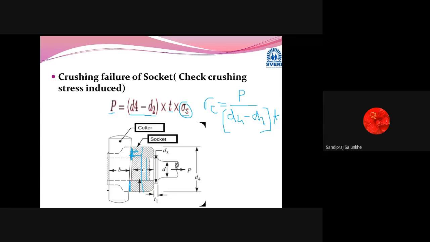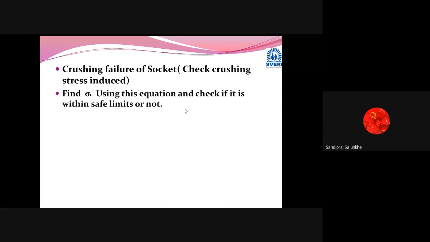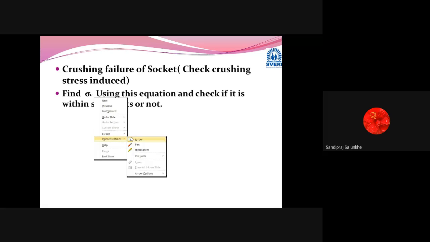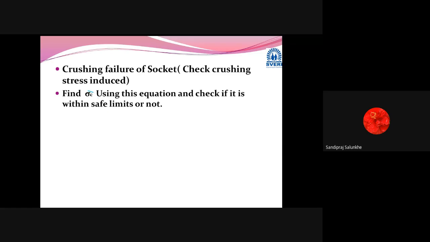Okay, so we'll go to the next slide. This crushing failure of the socket is calculated by considering the crushing stress. From that, we are going to calculate this sigma C using the equation and check whether it is in the safe limit or not. This sigma C we are not going to use for calculating any dimension.